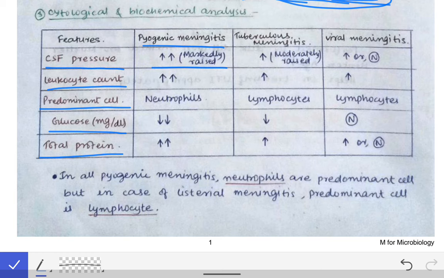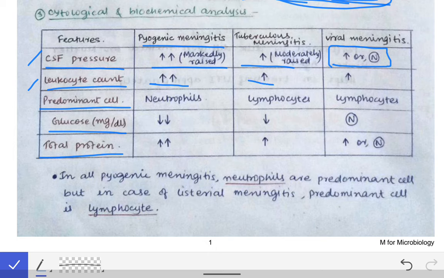So that is an identification point for tubercular meningitis. Leave that. Now we were talking about the CSF pressure. In tubercular meningitis also, the CSF pressure is moderately raised, but in viral meningitis it is either raised or it is normal. The leukocyte count is raised in case of bacterial meningitis, pyogenic meningitis.